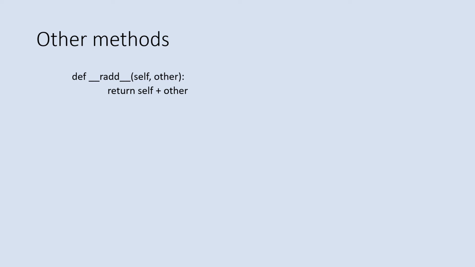It doesn't tell me what to do if there's a fraction there. So what Python does then is it looks in the fraction class to see if it knows what to do. And it will look for this dunder radd method. And so what happens is, at this point we've said, okay, if you have an int plus a fraction, treat it as if it were a fraction plus the int.